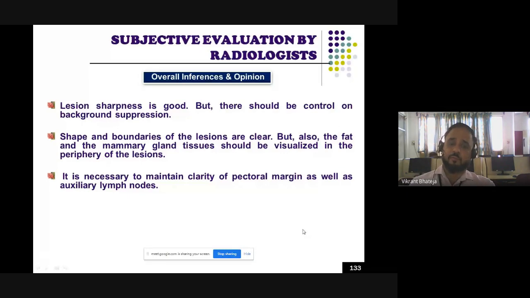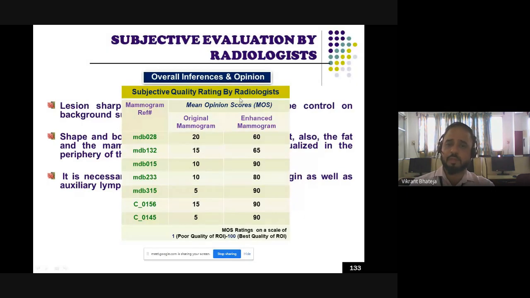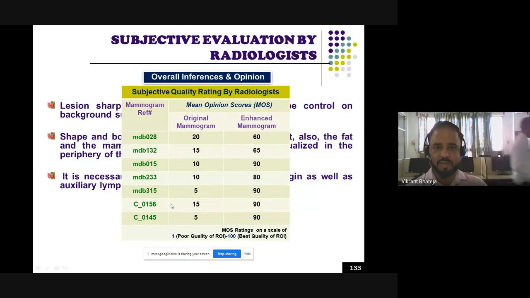So we have also taken the final opinion of radiologists in this case, and if you see, for different mammograms, these are the mean opinion scores which have been given for the original mammogram, and these are the mean opinion scores which have been given for the enhanced mammogram.